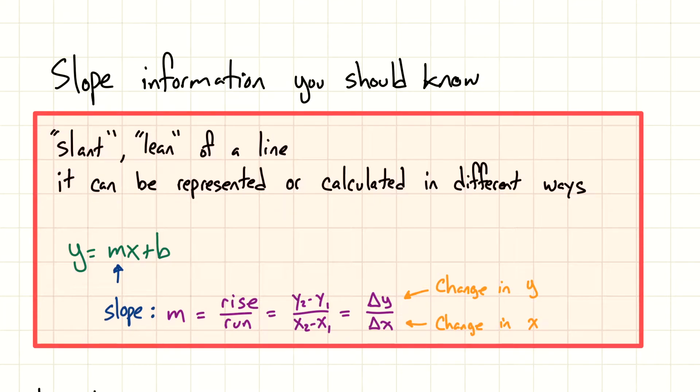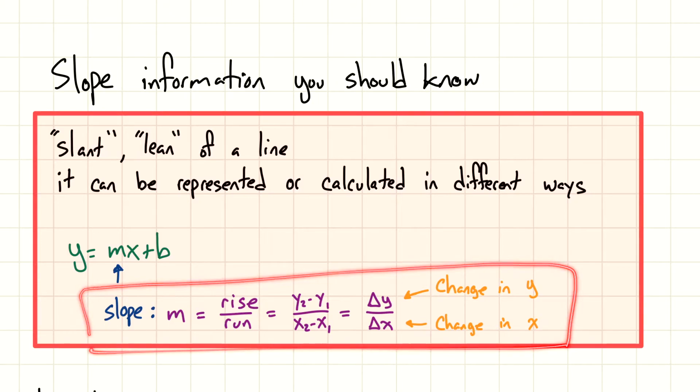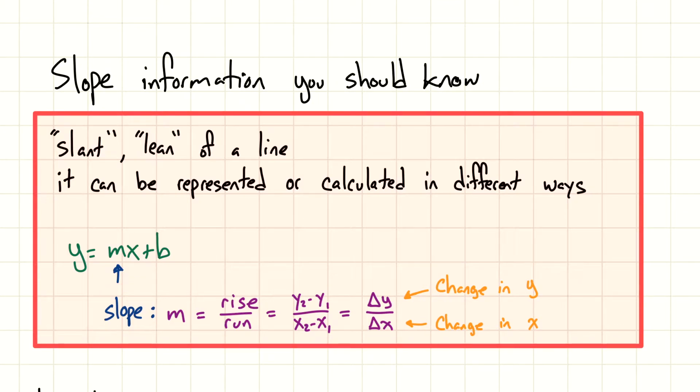So you might have seen a slope in different types of problems. The most common that you should be familiar with at this point is y equals mx plus b. And so that's kind of where we've seen it. Below, I have different ways of representing it. So we usually write slope with the letter m in our equation, like we saw here. And some of us, maybe we remember that slope is always rise over run.